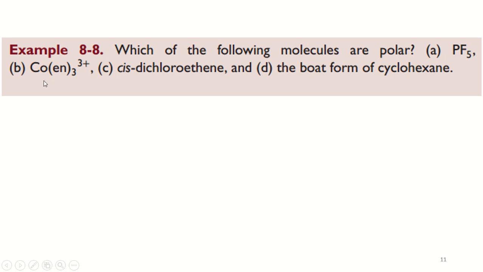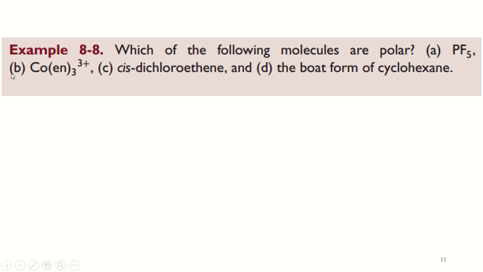The second molecule is also non-polar in nature, but its point group is D3 only, because there are only the rotations C3 as well as C2, but there is no sigma in this molecule.